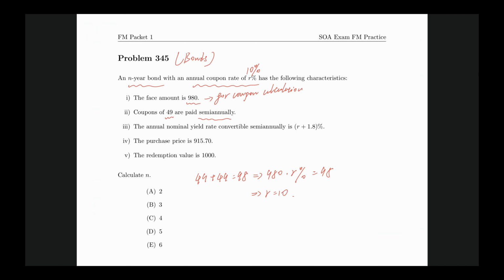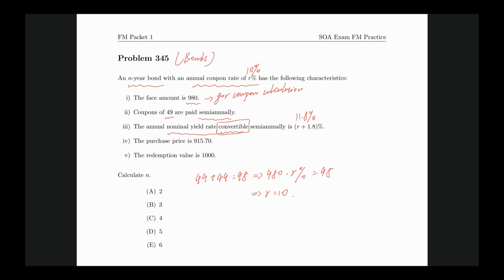Now let's go over the third condition. We haven't read all the questions yet. The annual nominal yield rate convertible semi-annually is R plus 1.8%. In this case, this is going to be 11.8% since R equals 10. The convertible here is the key.